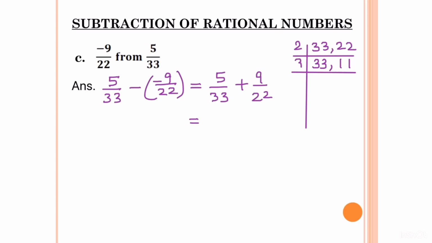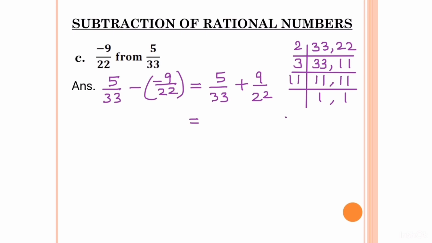So 3 times 11 is 33, and since 11 is not divisible by 3, we will write it as it is. Next we will divide by 11. 11 times 1 is 11. 11 times 1 is 11.